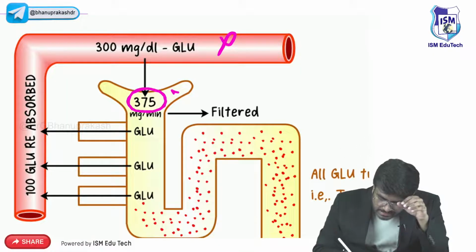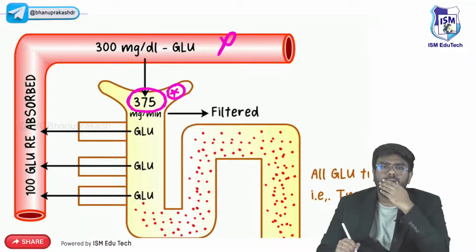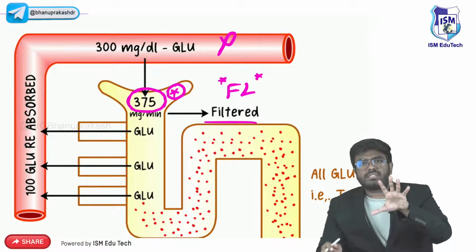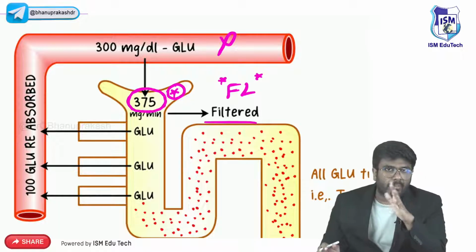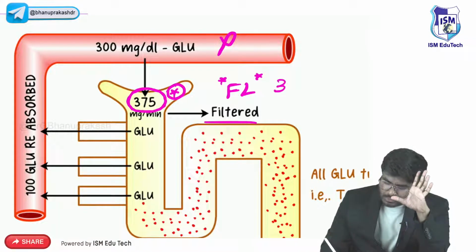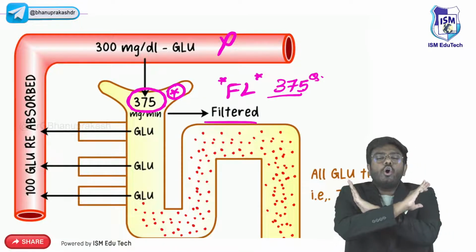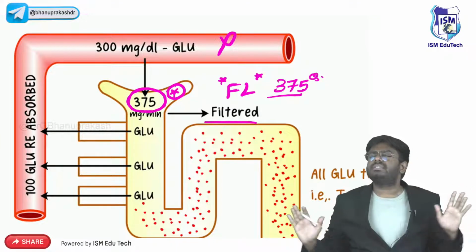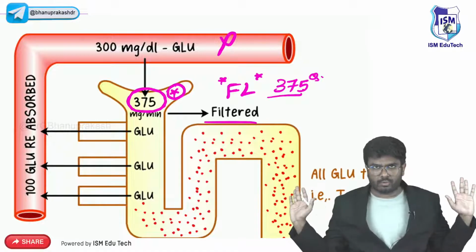I don't want to go into the calculations of how to find the filtered load. If the filtered load becomes more than 375, then no further glucose reabsorption happens in the PCT. The PCT cannot reabsorb any more glucose.